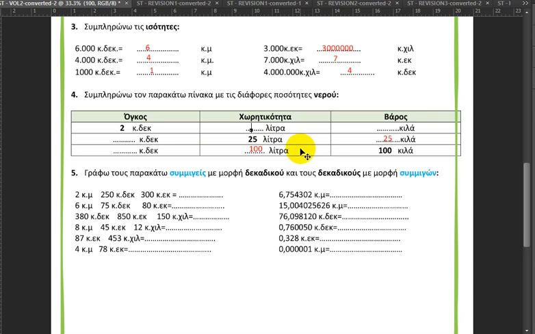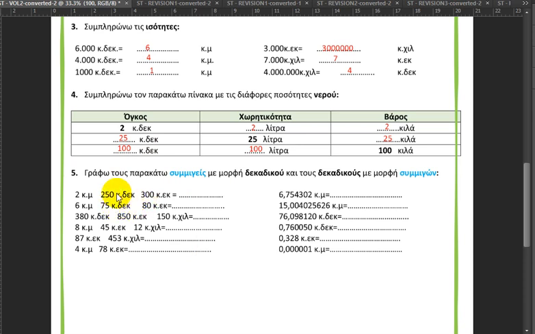So that means that 2 cubic decimeters is going to be the same as 2 liters, which is the same as 2 kilograms. And then 25 liters is going to be the same as 25 cubic decimeters, and 100 liters is the same as 100 cubic decimeters.